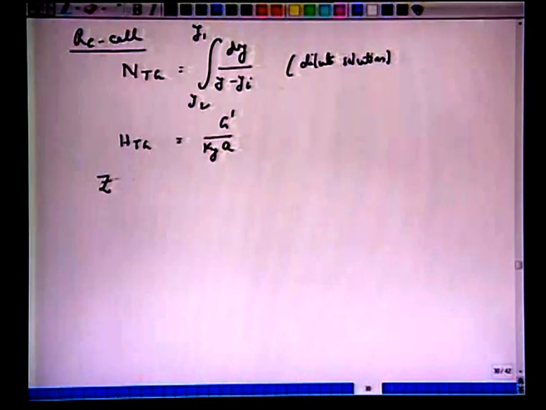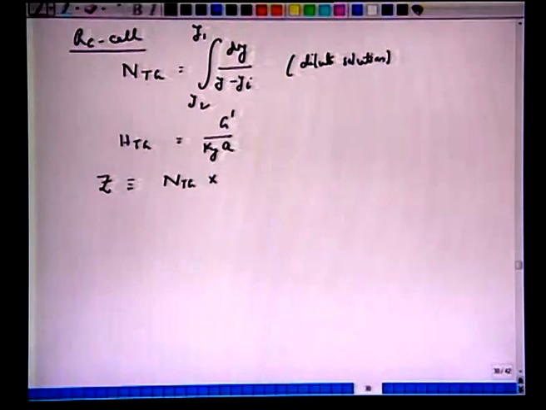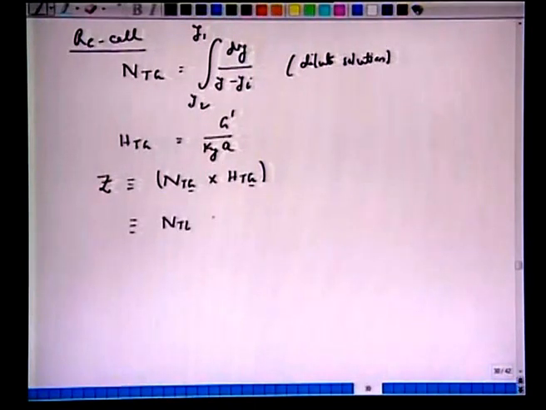So, the total height of the column Z is a product of NTG multiplied by HTG. Okay. So, G signifies here the gaseous phase and T the total height of the column. Okay. So, Z equals NTG into HTG, and we are saying that we can also write it as NTL into HTL.